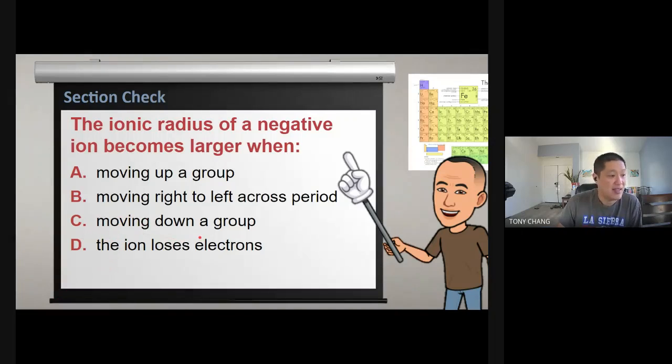Moving down the group. Now, let me give you guys a little legal way of cheating on a multiple choice test. You see this says moves up a group. This one says moves down a group. Moving up a group, moving down a group. Yeah, it's gotta be one of those.